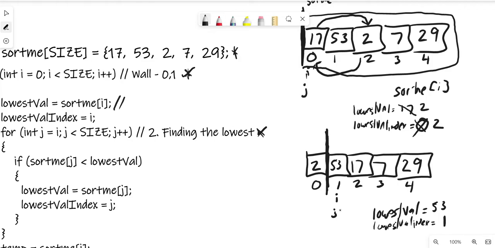But then j goes off to the races, and it tries to find an element that's lower, right? Remember, as j goes off to the races, i stays still, because at this traversal, i is equal to 1. At the previous traversal, i was equal to 0. When j is 2, i is still 1, right? When j is 3, i is still 1.